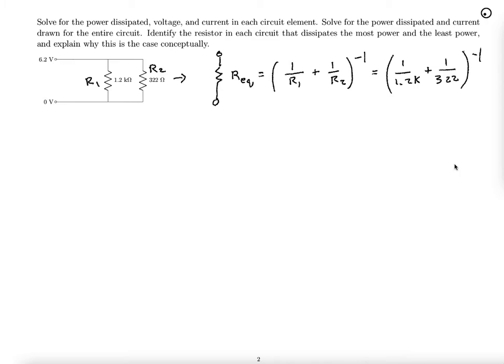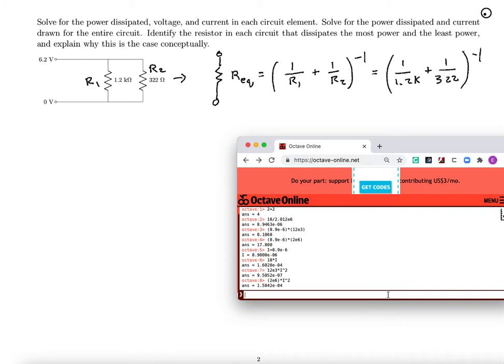Let's get some numbers in that. I'm going to use Octave again for this. There's the command clear all, which gets rid of all of my variables. So for instance, if I type I, it gives me a predefined value, whereas the one I defined before is gone. I'm going to call R1 equal 1.2E3 for 1.2 kiloohms.